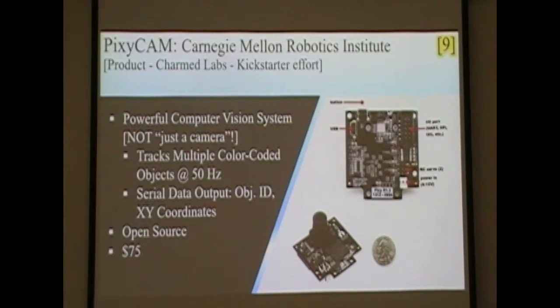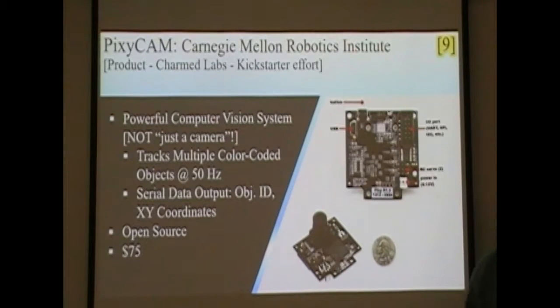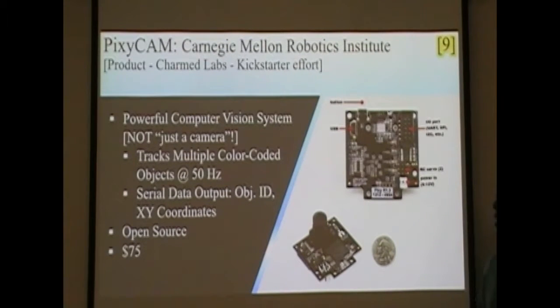Okay, let's talk a little bit about what we're using for the data acquisition. We're using the Pixie Cam, which was developed by the Carnegie Mellon Robotics Institute, and it's not just a camera. It is a motion tracking and vision system that is perfect for our particular purposes.